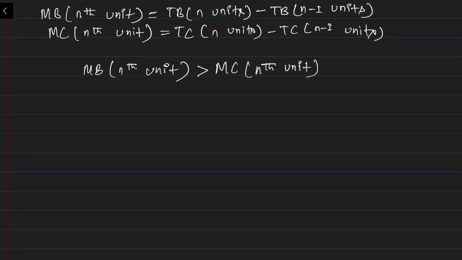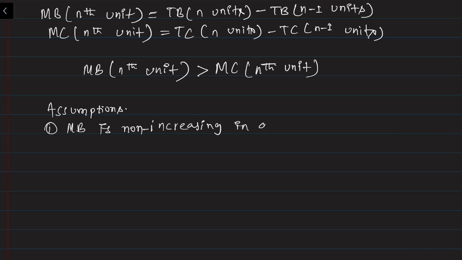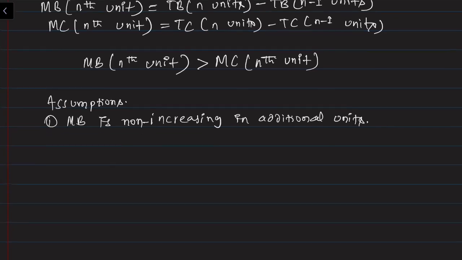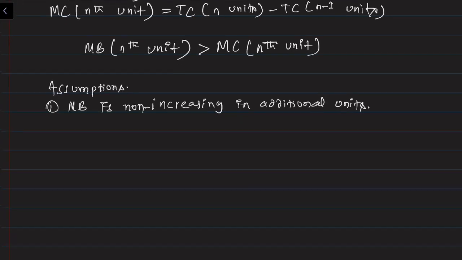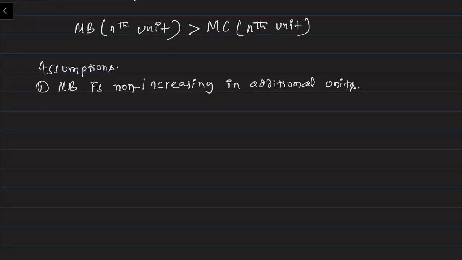So there are basically two assumptions in the background. The first assumption is marginal benefit is non-increasing in additional units. That is, it can either stay the same or decrease. And this is a very reasonable assumption, because as we increase quantity, we start getting satisfied.